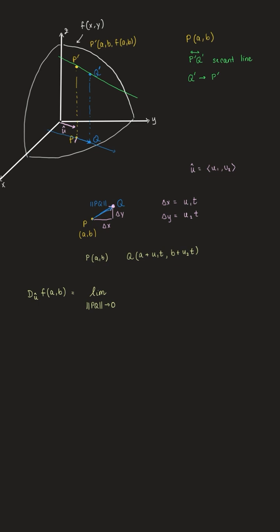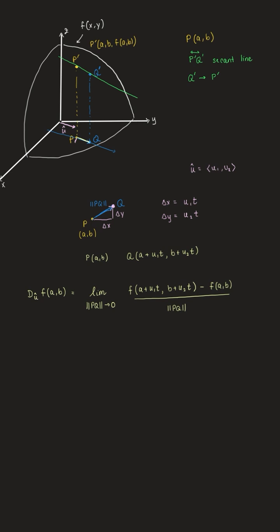We're going to look at the change in our z values from Q to P. So we'll do f of A plus u1 t, B plus u2 t, this is Q prime, minus the function value at P, which is f of A, B. And to get our slope, we're going to divide that by the change in PQ, or the distance from P to Q, the magnitude of PQ.